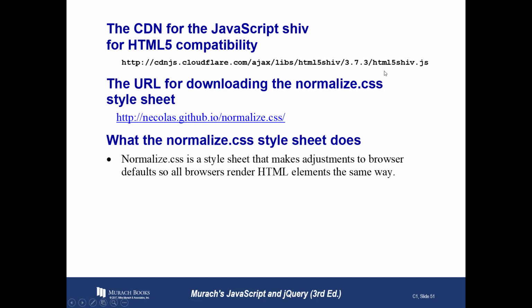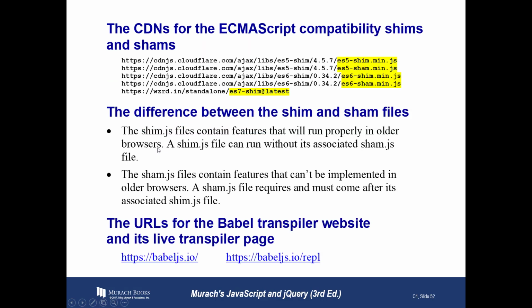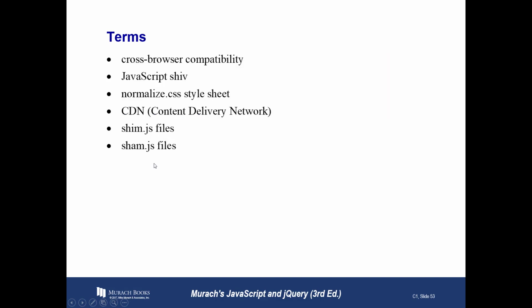We'll talk about this HTML5 shiv and exactly what that means in just a bit. We've already talked about normalize. As it says here, shiv is also called shim, but it contains features that will run properly in older browsers. So the idea is that if you are running, for some reason, in IE6 and you put in a feature that the system doesn't understand, the program will blow up.